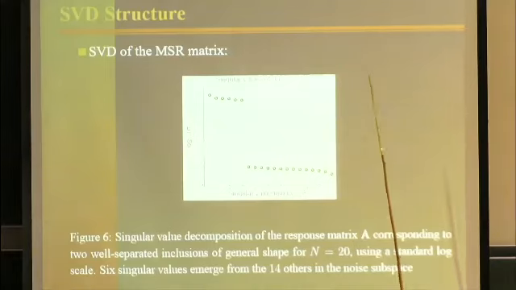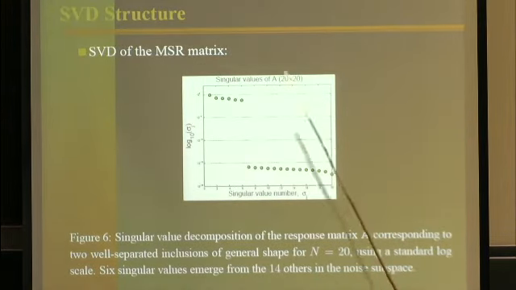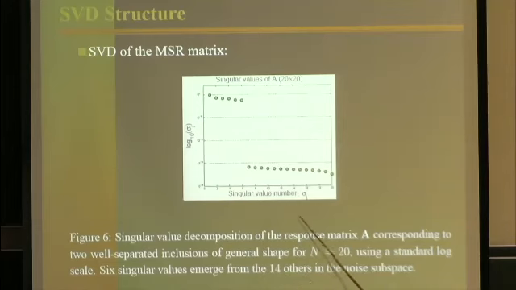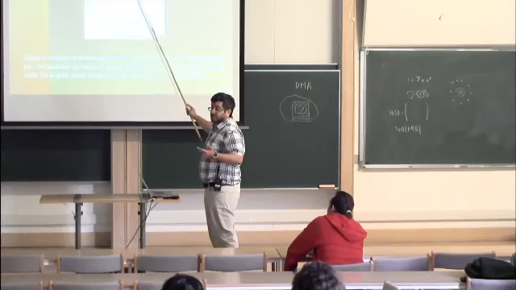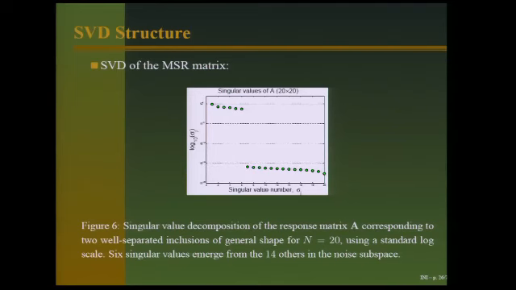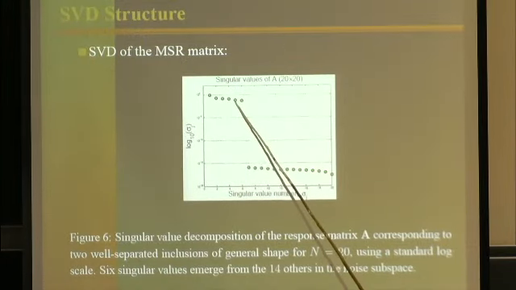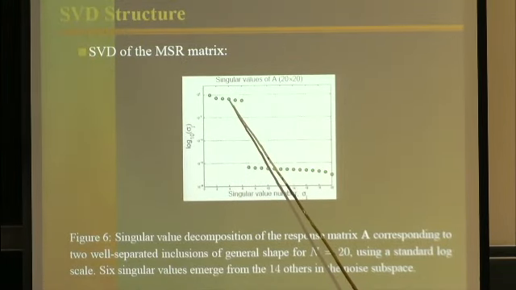There are many algorithms to do this. Let me show you the structure of the singular value decomposition. Here there are two inclusions, both magnetic and electric inclusions. You have 6 singular values, because the signature of each inclusion is 3 singular values: 2 for the magnetic part and 1 for the electric part.